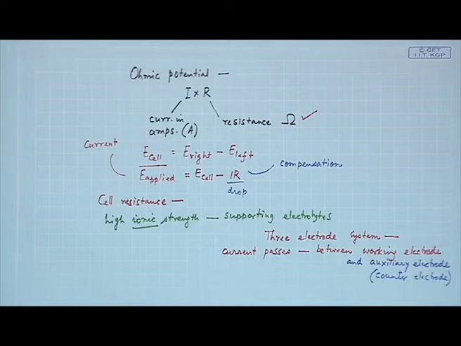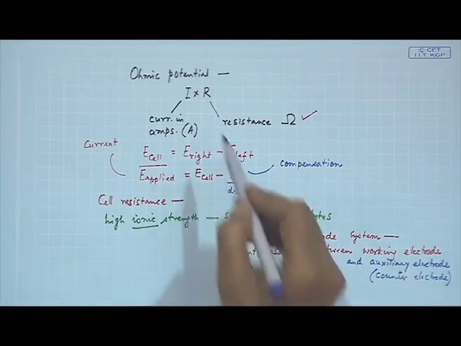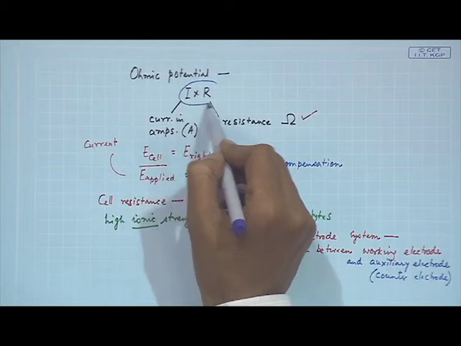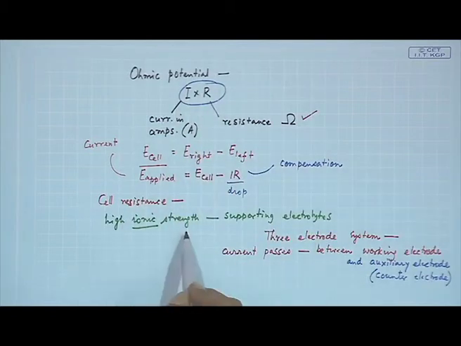That means your reference electrode is not hampered much, as the current is not passing through the reference electrode. One technique is maintaining high ionic strength, and also the introduction of the auxiliary electrode, which is a counter electrode, which again minimizes your IR drop.